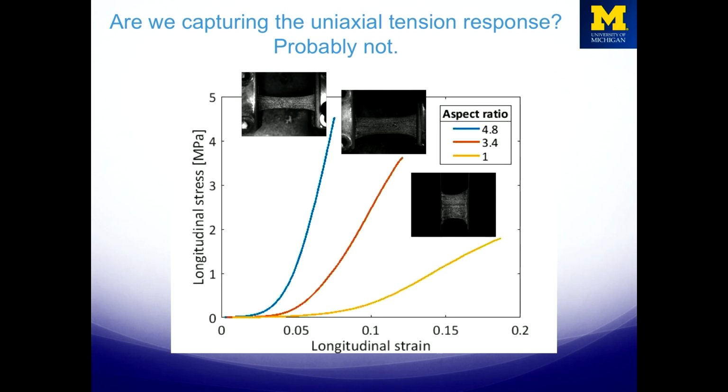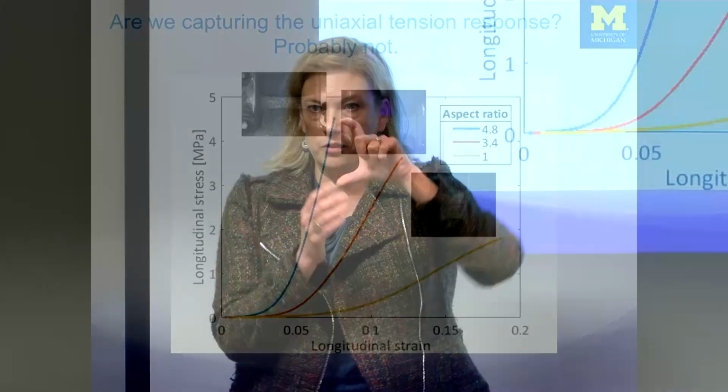Well, we know from mechanics, if you have an isotropic material and your aspect ratio of your specimen, so length to width, is about 1, you're testing in plane strain. So you have to go out to an aspect ratio of something like 4 to actually get a uniaxial tension response. In an anisotropic material, you've got to go out much, much higher.